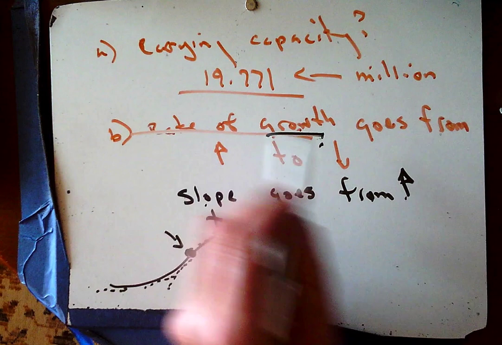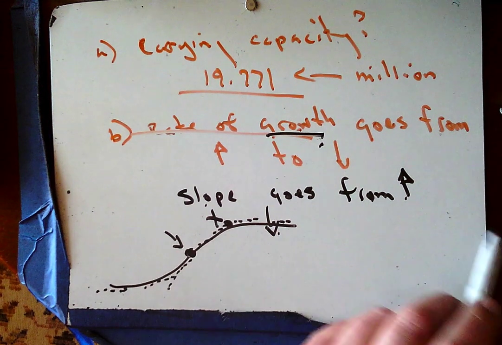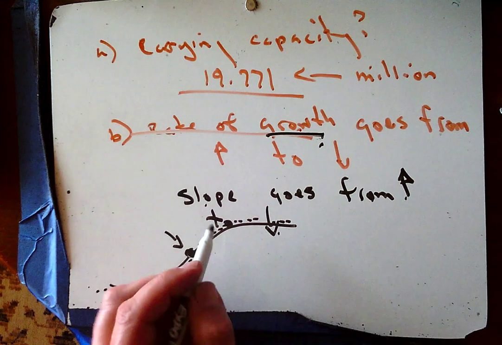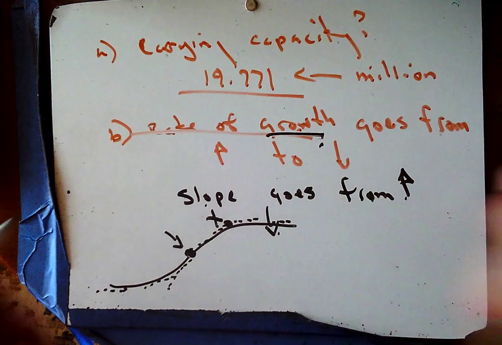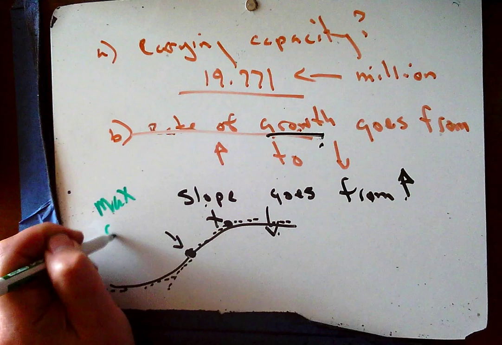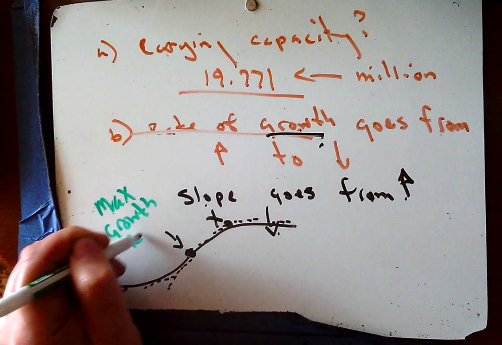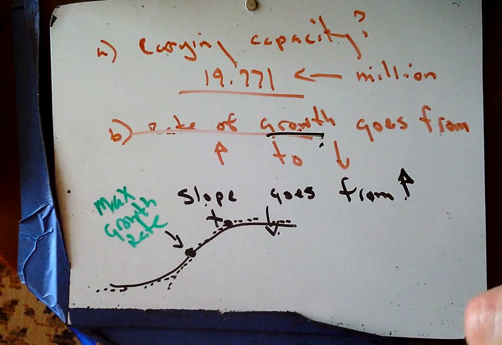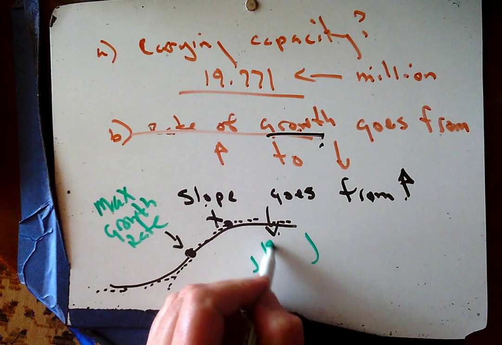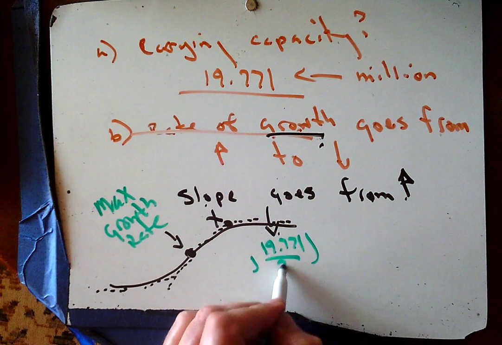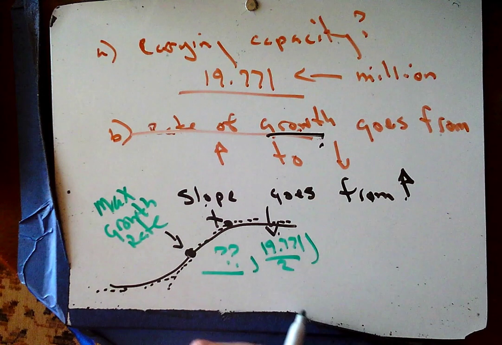So this question that was asked about when does the rate of growth go from increasing to decreasing is the same as asking when do we have max growth rate? And we know how to find the maximum growth rate. We know that the y value here is L over 2, so 19.771 over 2, but I don't know this value.